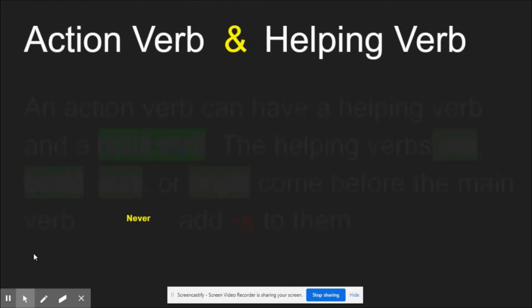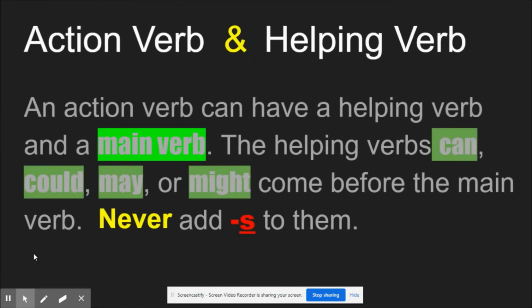Now, we have to remember that there are different types of verbs. We have action verbs, we have linking verbs, and we also have helping verbs, which we sometimes call auxiliary verbs. So remember that because I use those two terms interchangeably, okay? And they are the same thing. So an action verb can have a helping verb and a main verb. Okay, so this is a verb phrase, right?